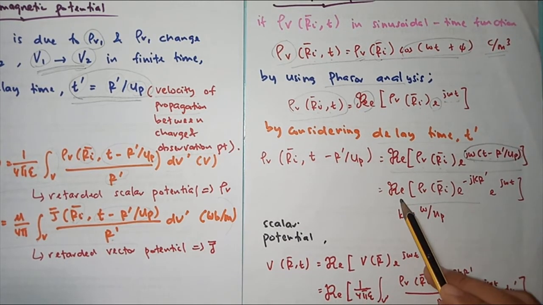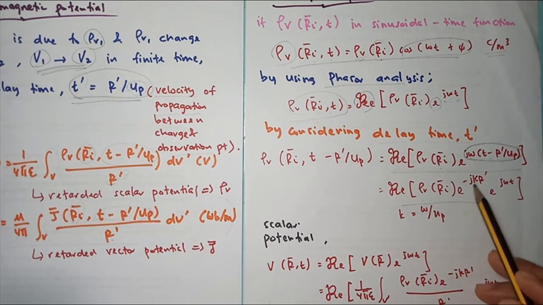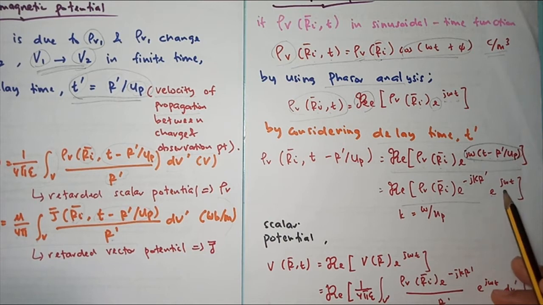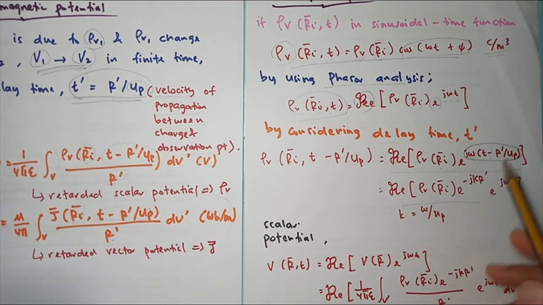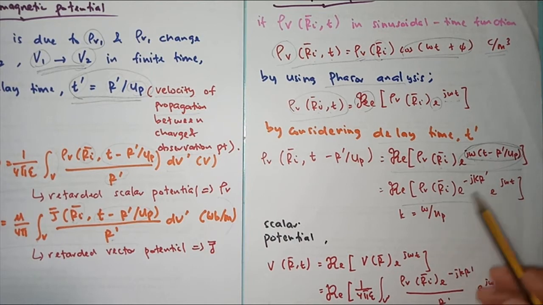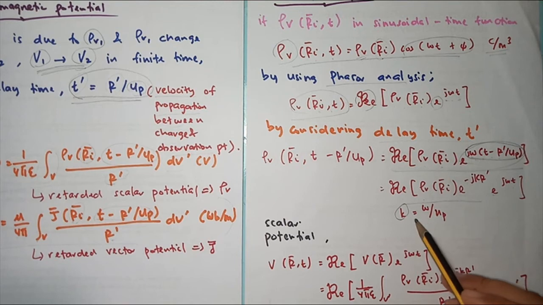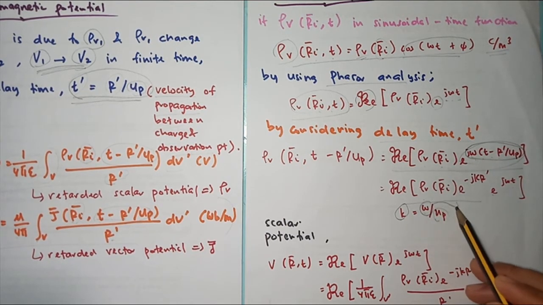So we will have the real value of rho v, the vector of Ri, exponential minus j k r prime, exponential j omega t. So we can separate that exponential expression. In this case we introduce another constant, k, equal to omega divided by up, and this omega represents the frequency.